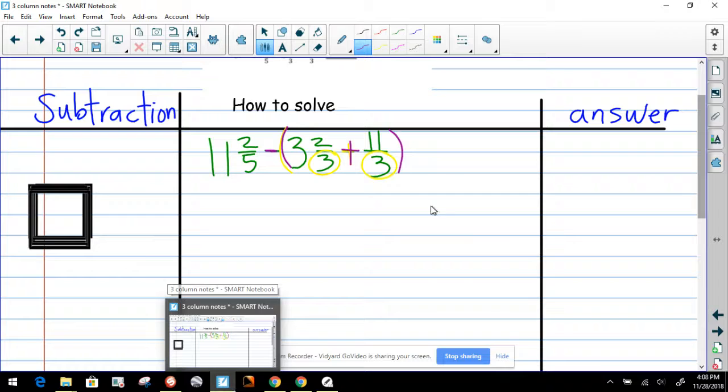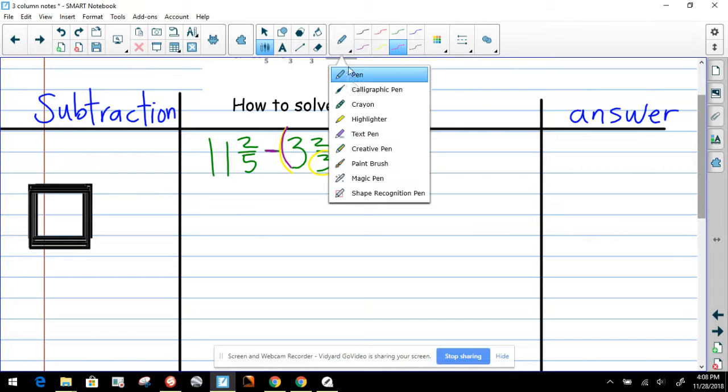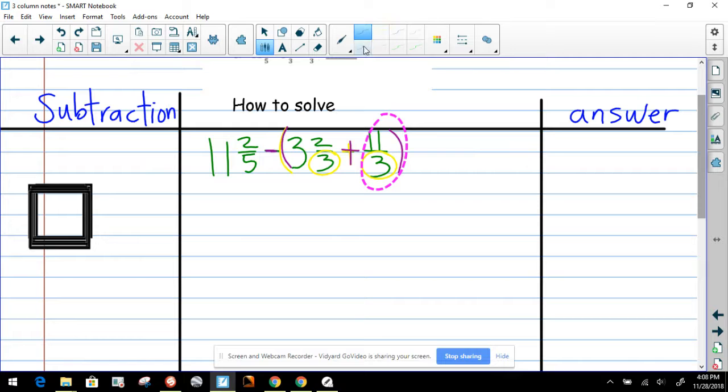The next thing I notice is that this is an improper fraction. Okay, so now knowing that information, I can get into my mode of solving it. So 11 and 2 fifths minus, so I'm going to do this operation. First of all, I'm going to say how much is 11 thirds.